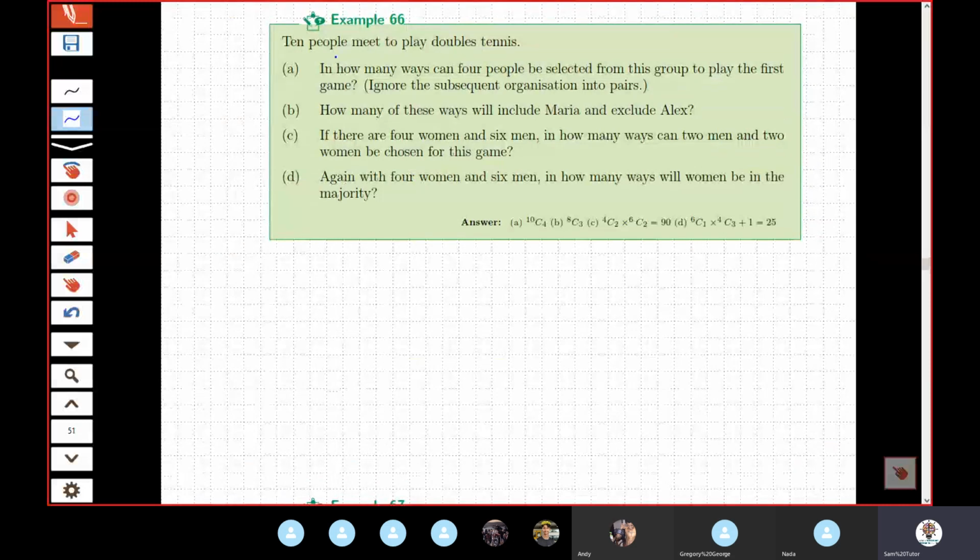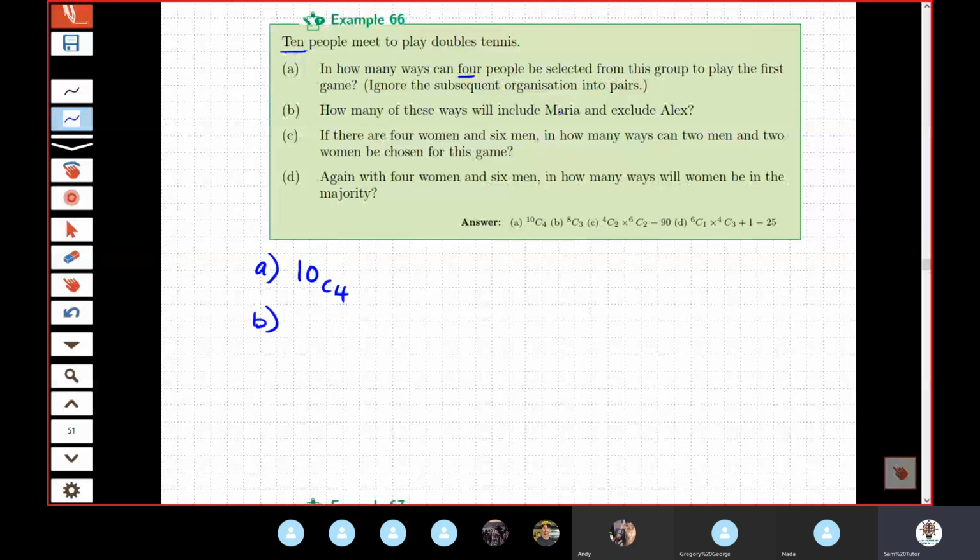10 people meet to play doubles tennis. In how many ways can 4 people be selected from this group to play the first game? It just says 10 people, 4 people, so you're going to go 10 choose 4. B. How many of these will include Maria and exclude Alex?